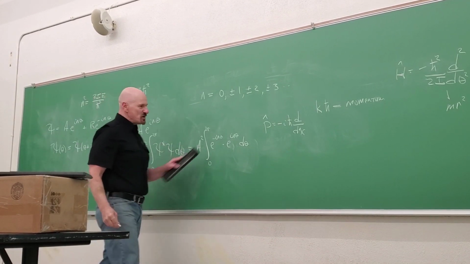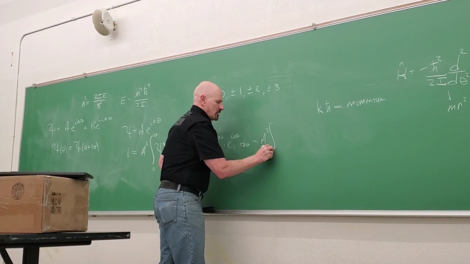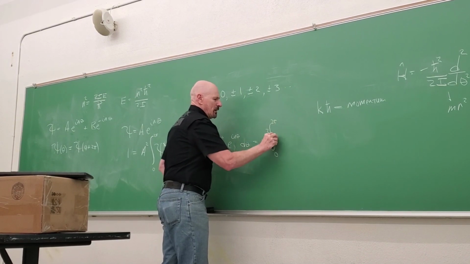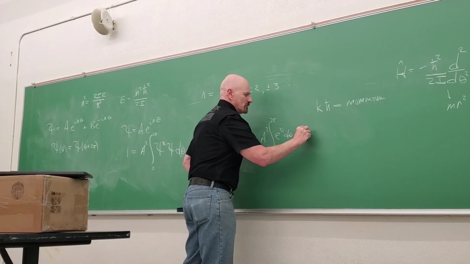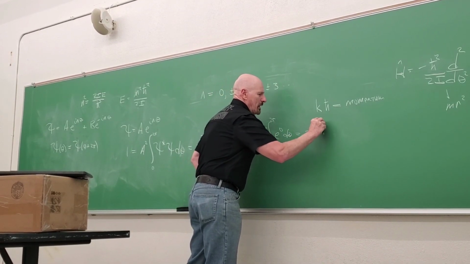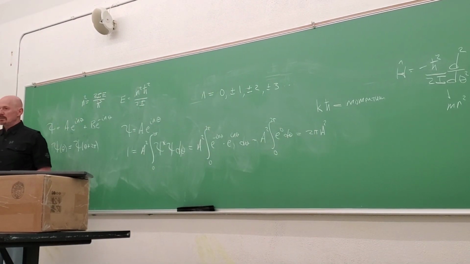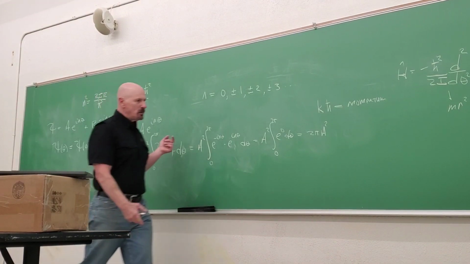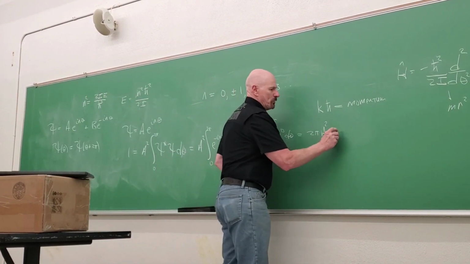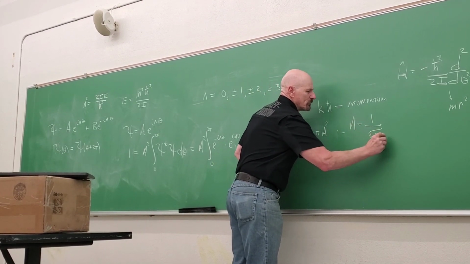That becomes e to the 0 times the integral from 0 to 2 pi of e to the 0 d theta, which of course then just becomes 2 pi A squared, because e to the 0 is 1. The integral of 1 from 0 to 2 pi is 2 pi. That's equal to 1. So now we know A must be 1 over the square root of 2 pi.